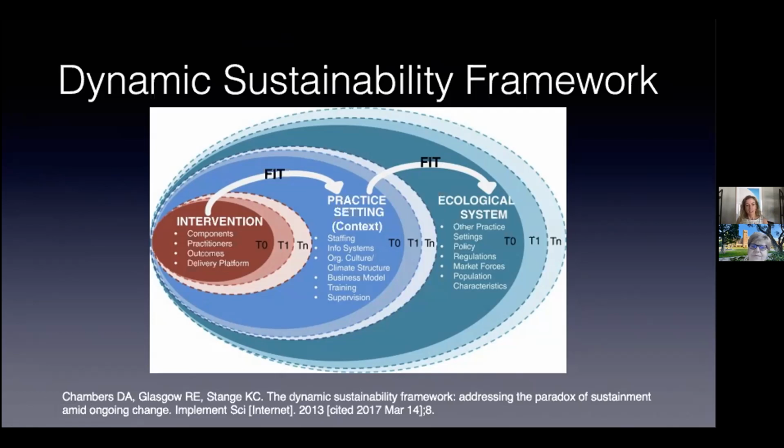And I think COVID, of course, was the ultimate example of how quickly things can change in our ecological environment, and with what profound impacts on everything else. So I always find this a very useful framework to think with in terms of making sure that the methods we're setting up for a given implementation effort are really going to be capable of capturing the different dynamics and variables that are going to be in place during the course of that intervention.